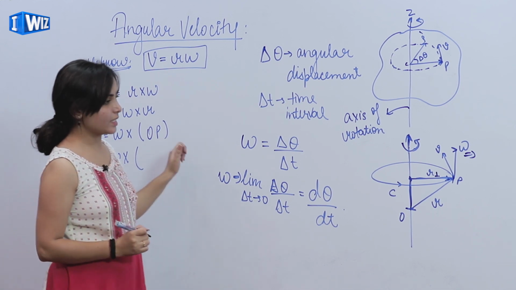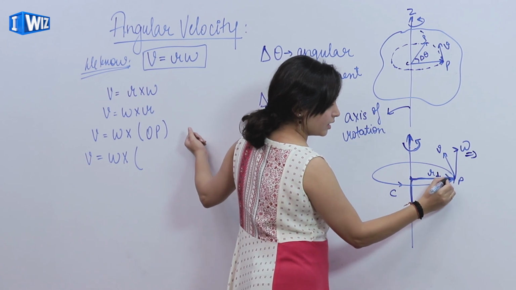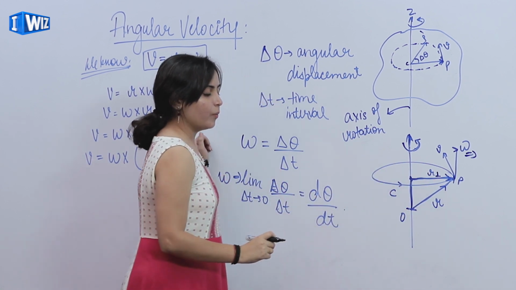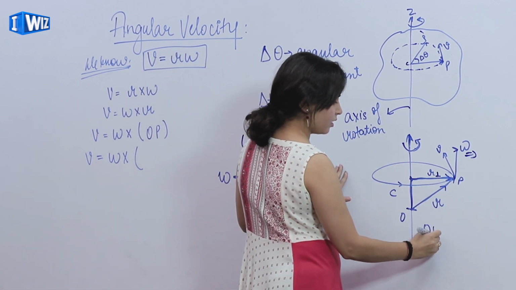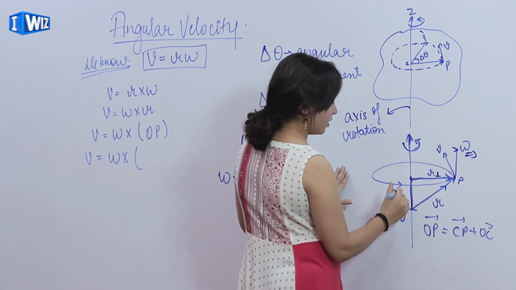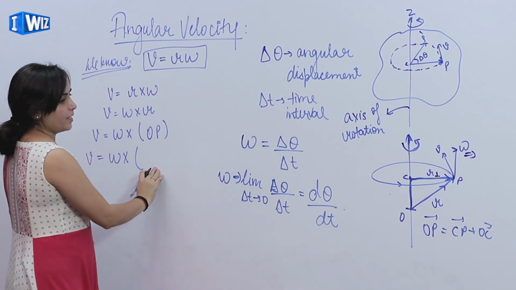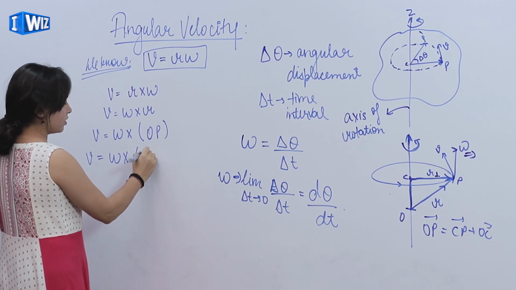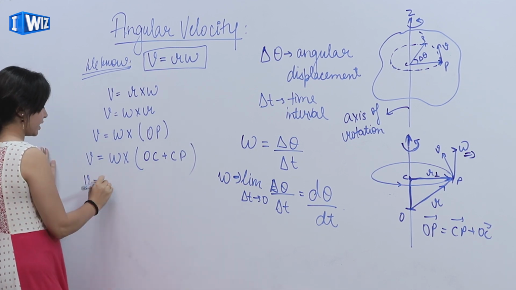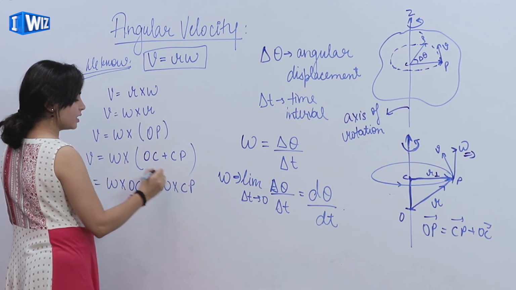अब OP को हम क्या लिख सकते हैं, OP की डायरेक्शन ये है, CP की डायरेक्शन ये है. So from triangle law I can write OP as sum of OC plus CP, where C is this center. So velocity is equal to omega cross OC plus omega cross CP.